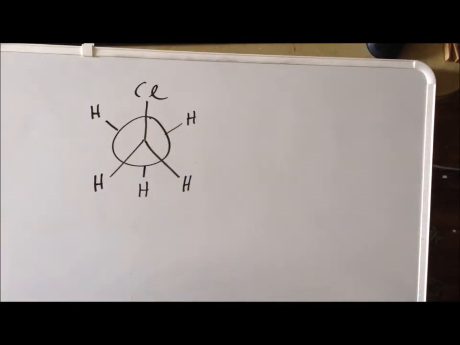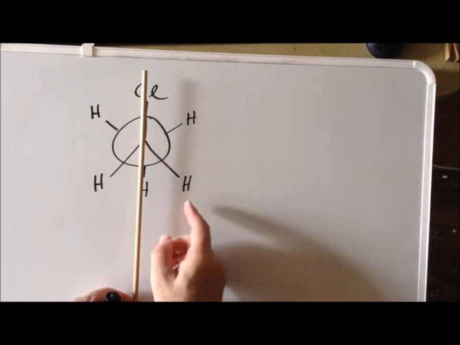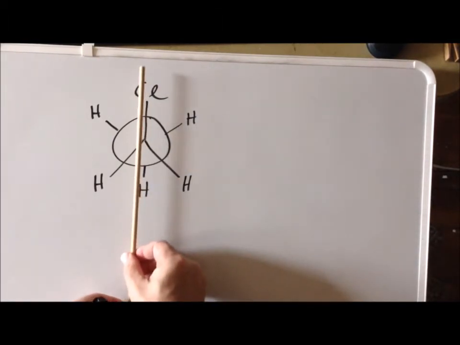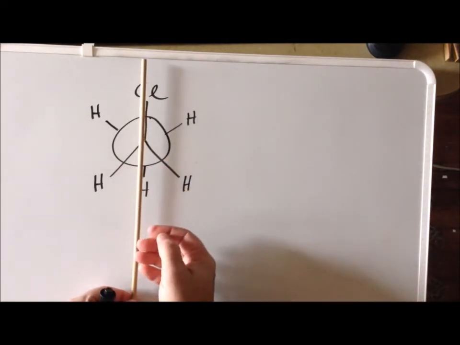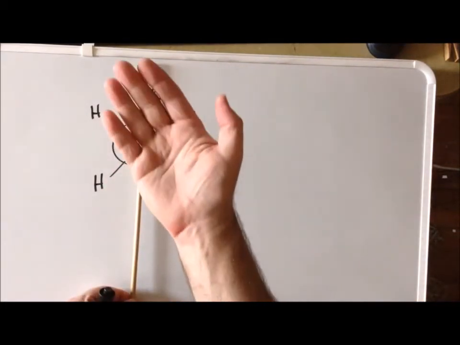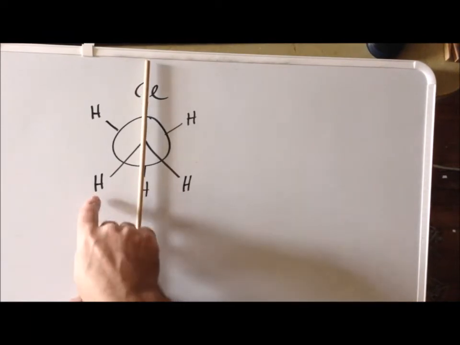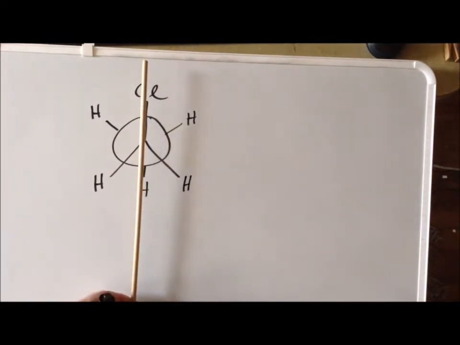But we might try some other axis. We might try this one, for example. So we might try along the y-axis, because it would take supposedly hydrogen into hydrogen. But really, if we did that, remember this rotational axis would have to be between the two carbon atoms. It would actually be in the plane of the whiteboard, so that this hydrogen and the chlorine would be in front. So if we did a C2 rotation, it'd take this hydrogen to this position over here, but behind, not in front. So we don't have any C2s either.